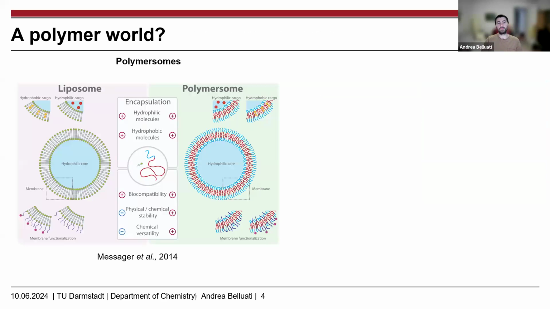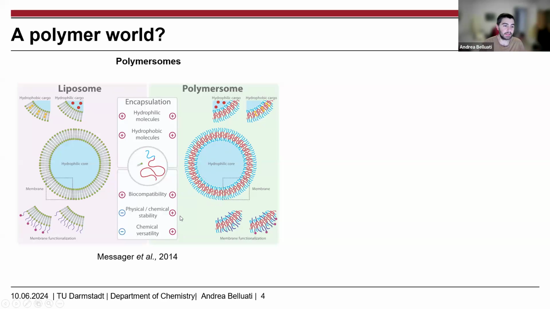An interesting twist upon this is looking at polymers instead of lipids. So polymers that are amphiphilic as much as the lipids are, and thus self-assemble into structures that will have a hydrophilic core, hydrophobic membrane, and then, of course, an aqueous environment outside.